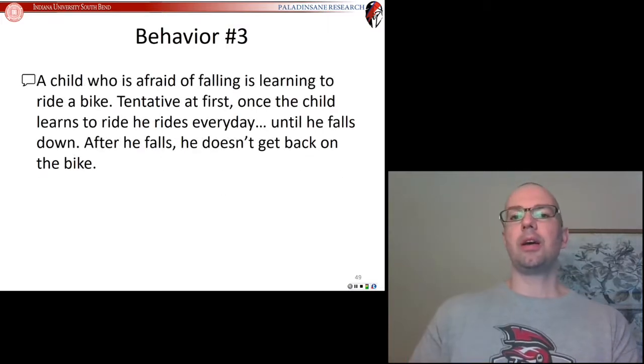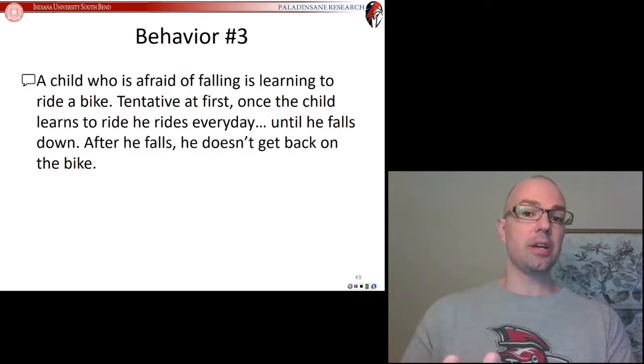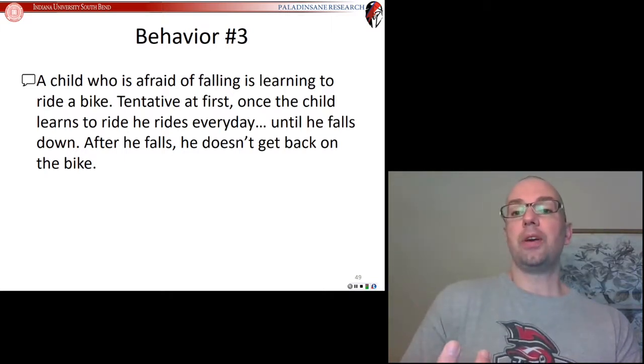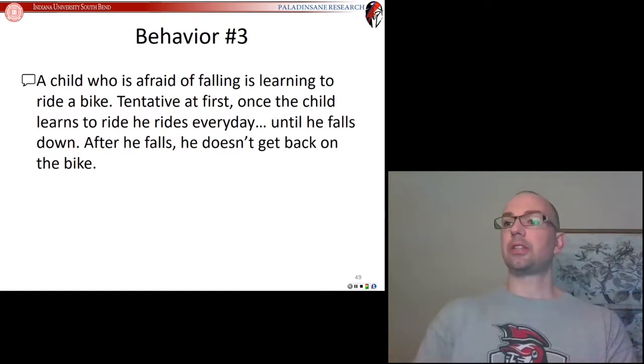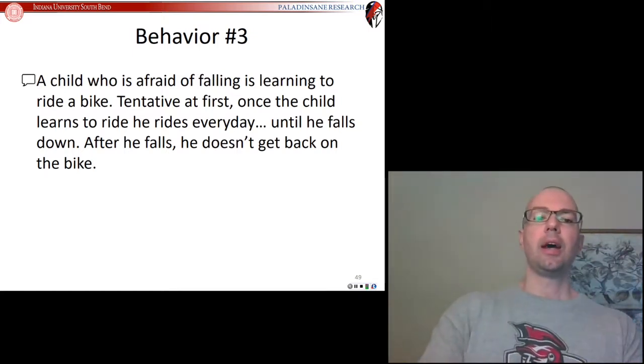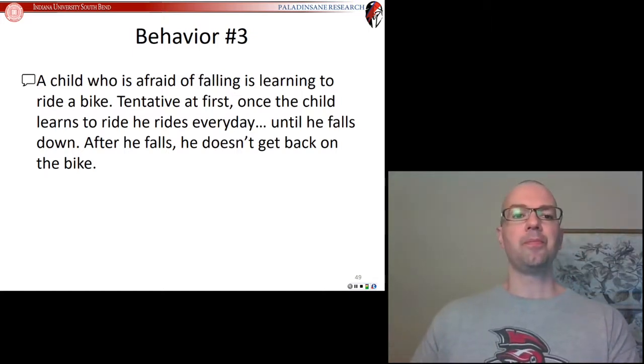Behavior number 3, riding the bike. The reinforcement is an intrinsic reinforcer, which comes from within, and that's the joy that you feel when you ride a bike, just the fun of riding a bike. So you ride a bike, you have fun, that's reinforcement, until you fall down, and then he didn't ride the bike again.